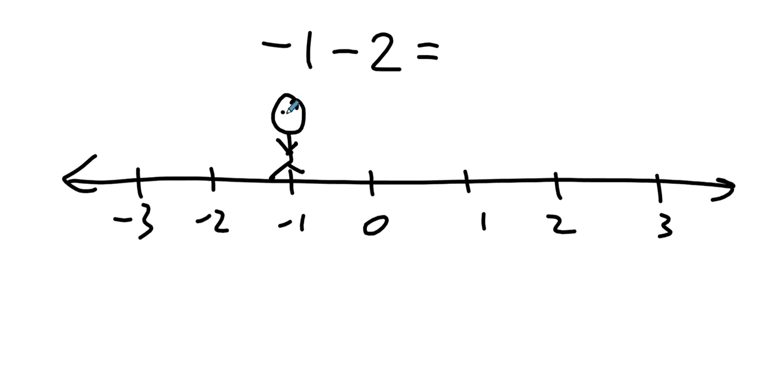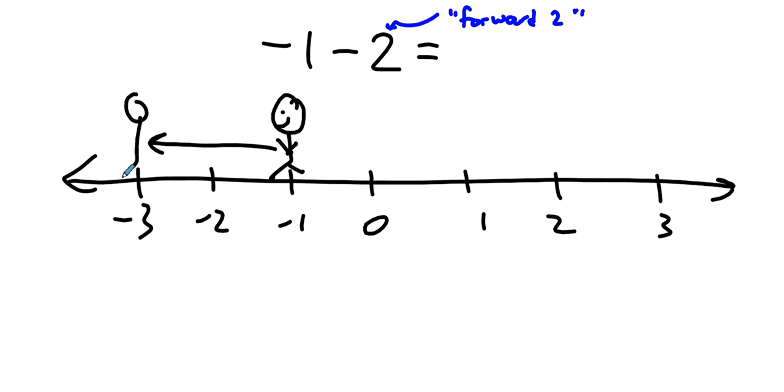We face the negative end of the number line, and we walk forward 2. Well, if we're facing the negative end of the number line and we're walking forward, that's this way, end up here, negative 1 minus 2 is negative 3.